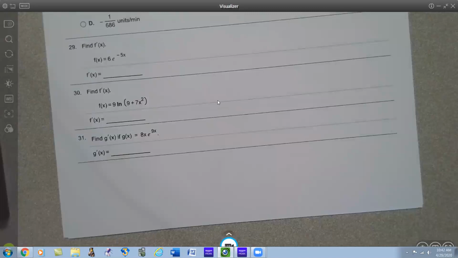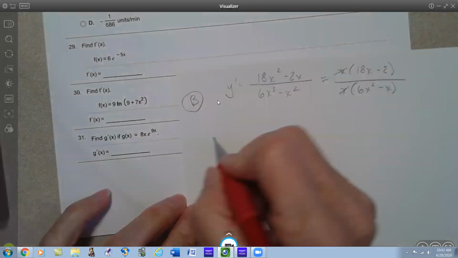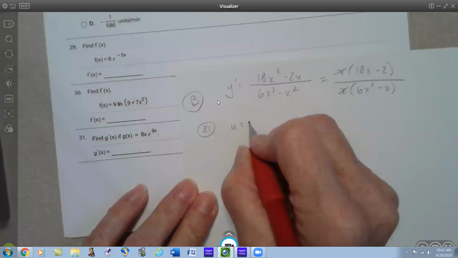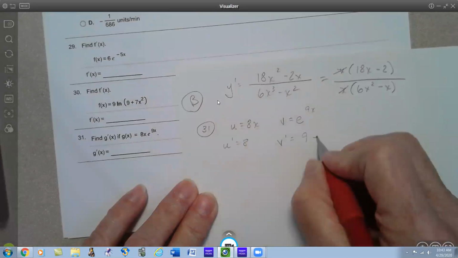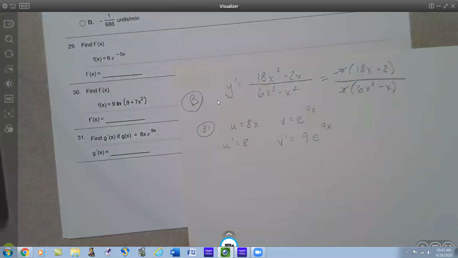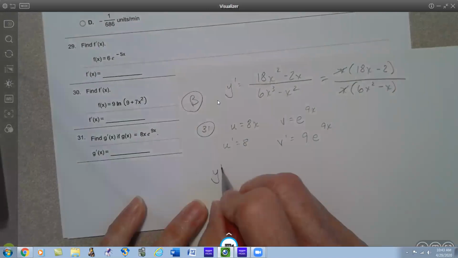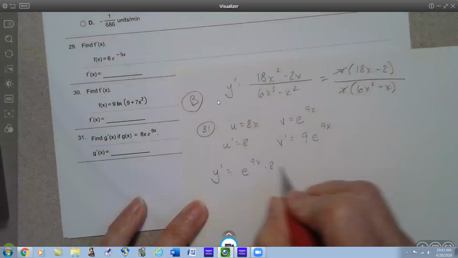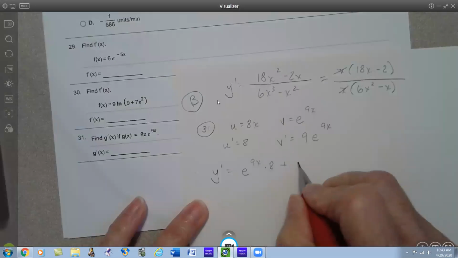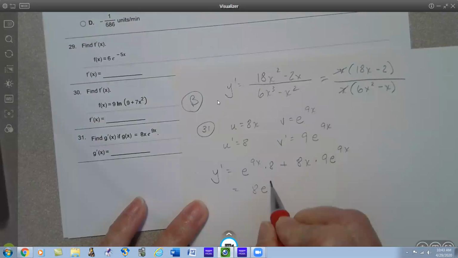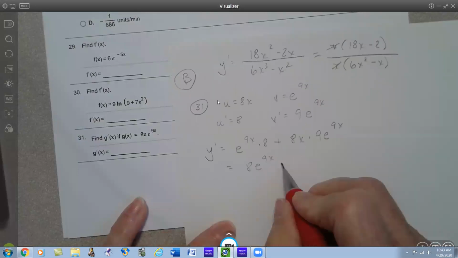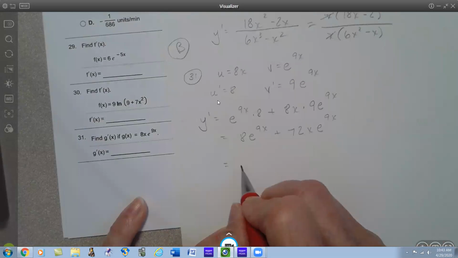Remember, I like doing these problems. So in 31, they might have that answer, but if you look over there and if it's factored, then see if you can see.